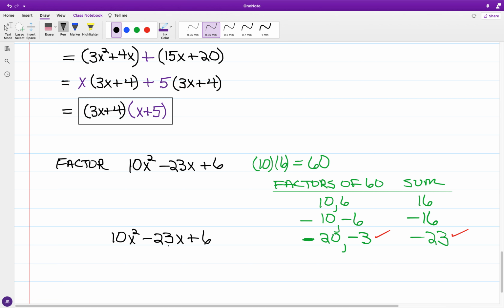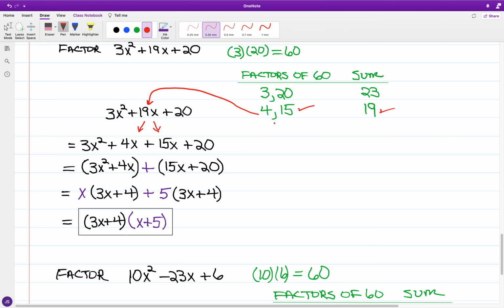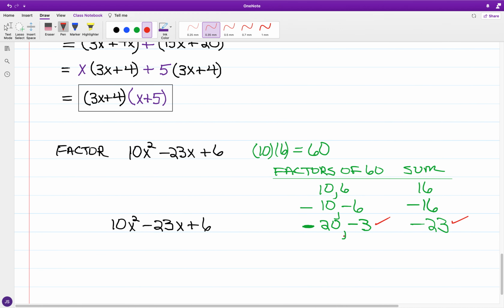Okay, so you have 10x squared minus 23x plus 6. And just as I had used 4 and 15 to split the middle term, do likewise with negative 20 and negative 3. So we're going to split up the negative 23x.